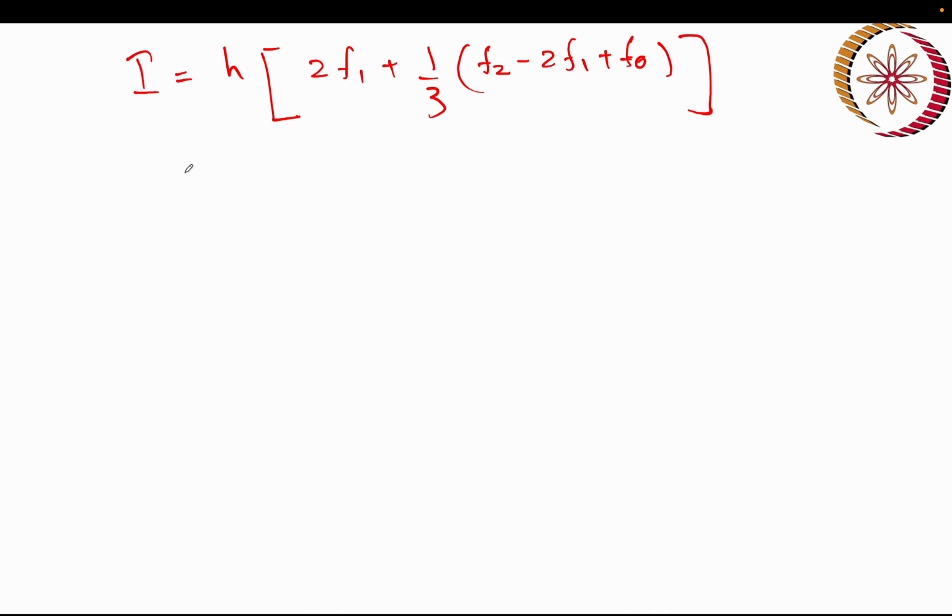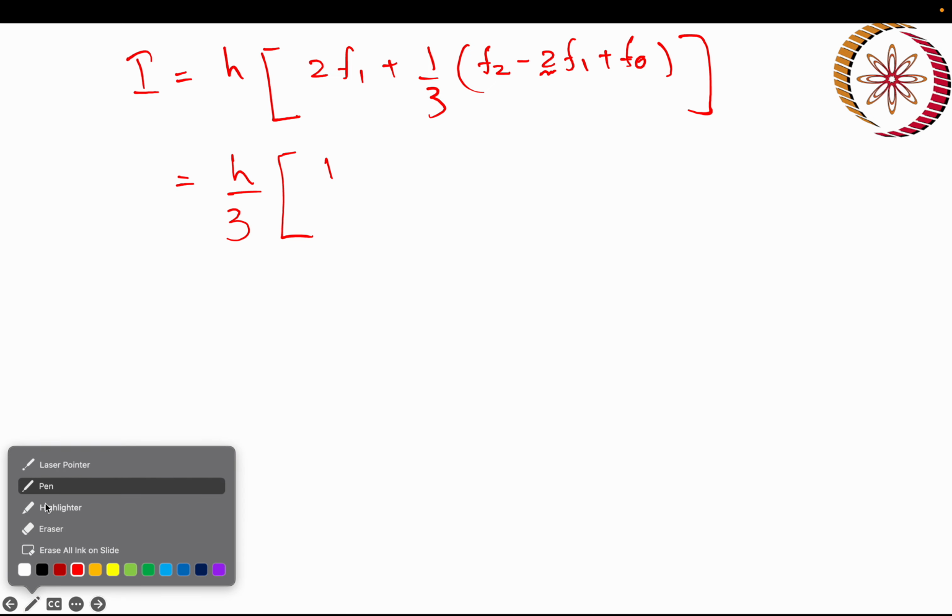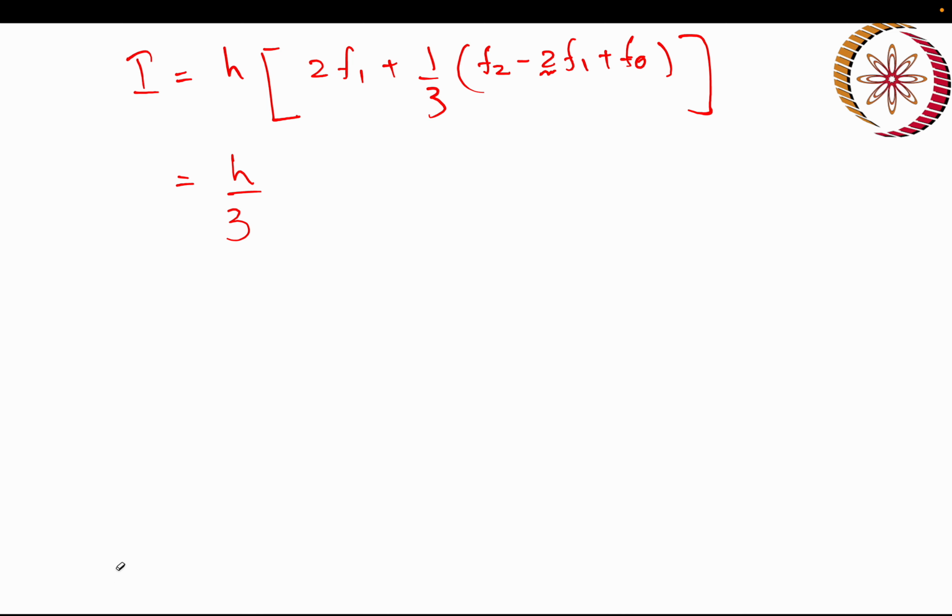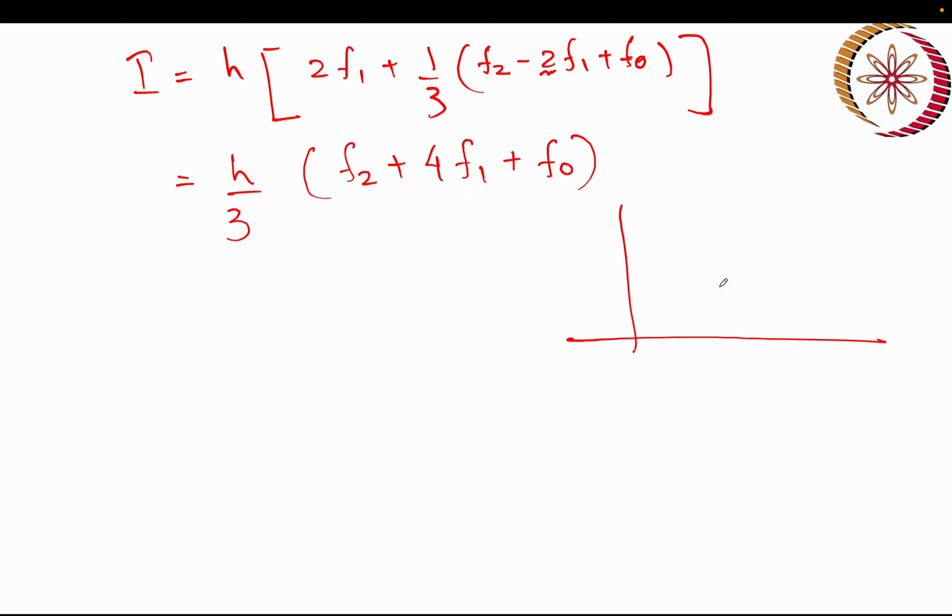Okay, so we have got a much simplified expression. If we multiply numerator and denominator by 3, it will be 6. So 6 minus 2 will be 4. Finally, let's say we take 1 by 3 out. So it will be (f2 plus 4 f1 plus f0). Okay, so this is a much simpler expression.